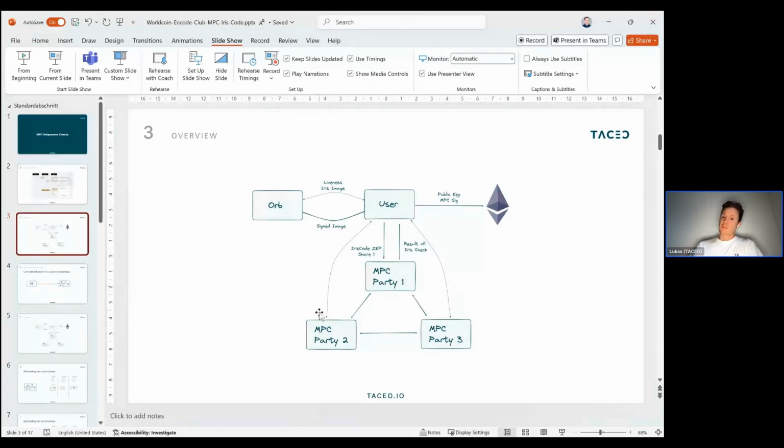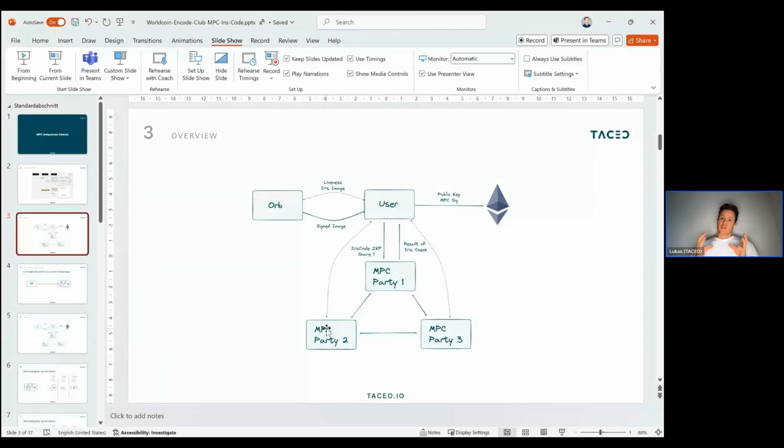This can then safely be distributed to these three independent MPC parties, which will take care of storing the iris codes in a secret shared fashion so that they do not learn any bit of information about these iris codes.